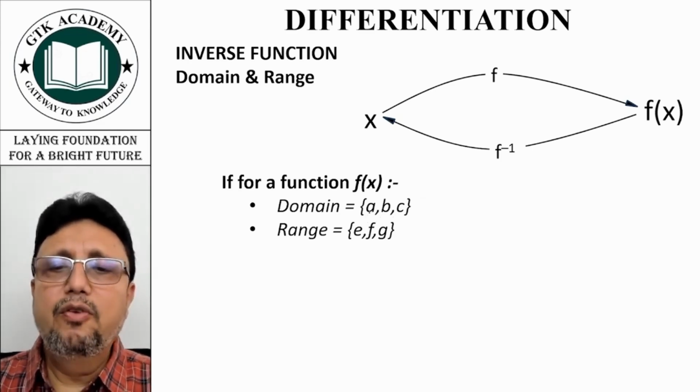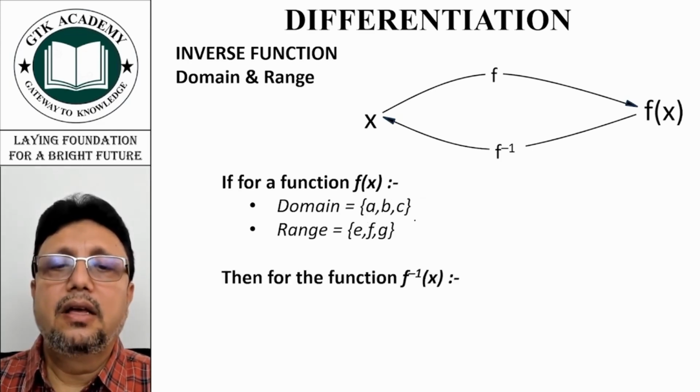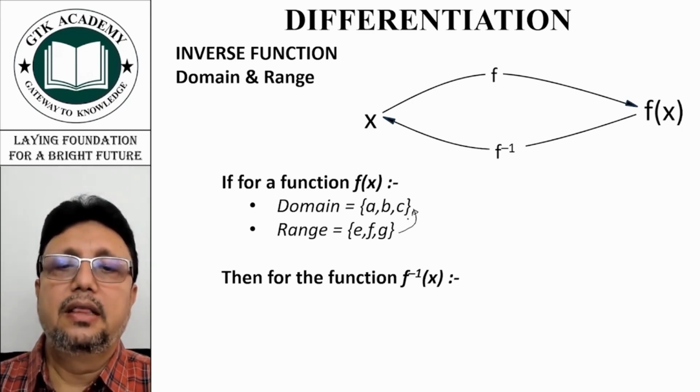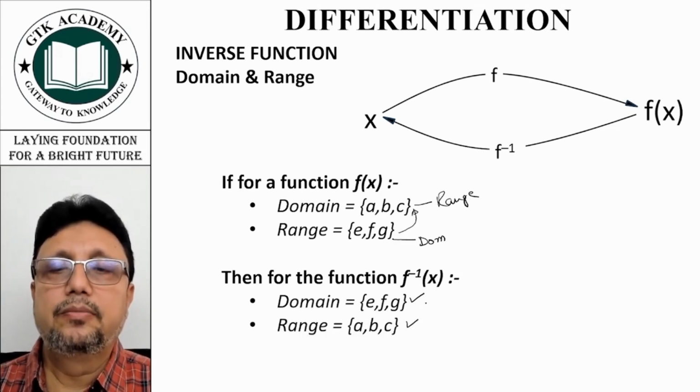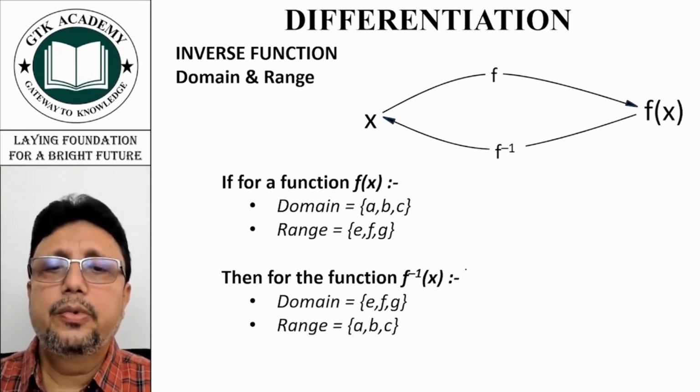Now, for inverse function, inverse will take it again back, take e, f, g to a, b, c. That means for inverse, this will be the domain and this is going to be the range. So domain is e, f, g and range is a, b, c. I hope that is clear.